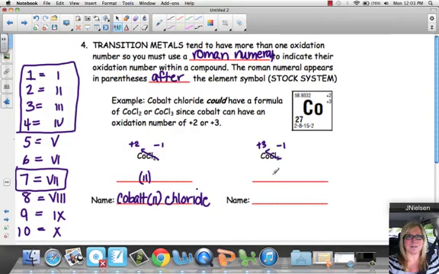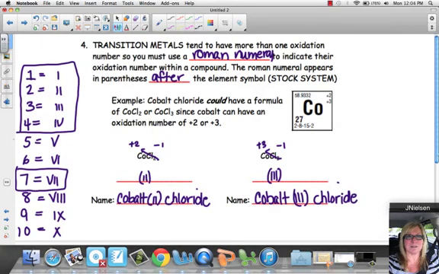So here we used the +3 oxidation state. So the Roman numeral actually stands for the number. Plus 3 means Roman numeral 3. Plus 2 means Roman numeral 2. If it was a plus 4, I'd use the IV. So this one is cobalt(III) chloride.